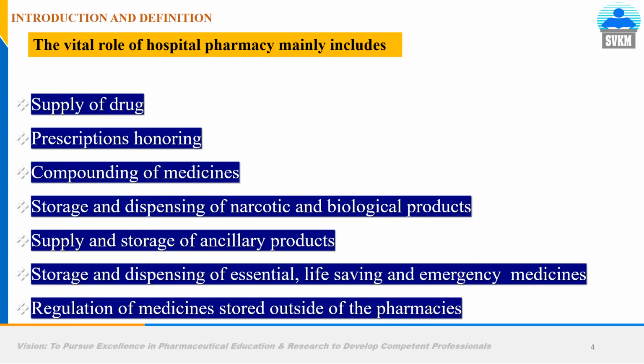This is a responsibility of a hospital pharmacy to have regular monitoring, we can say an oversight, of the medicines which have been stored outside the pharmacies in a hospital. So this is an important function, or we can say a vital role, which is performed by the hospital pharmacy.